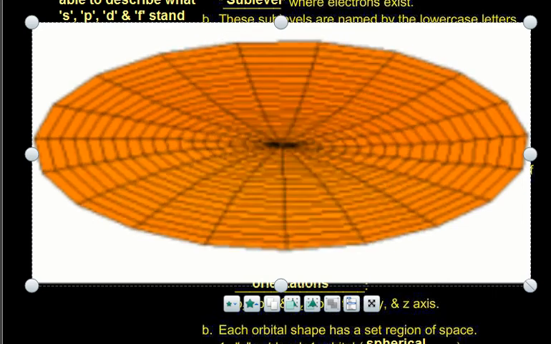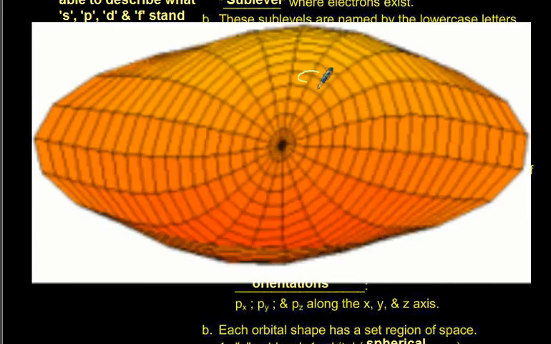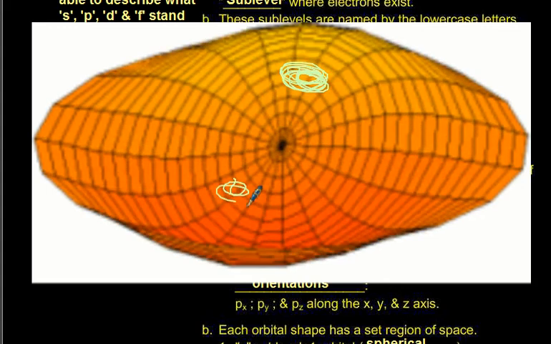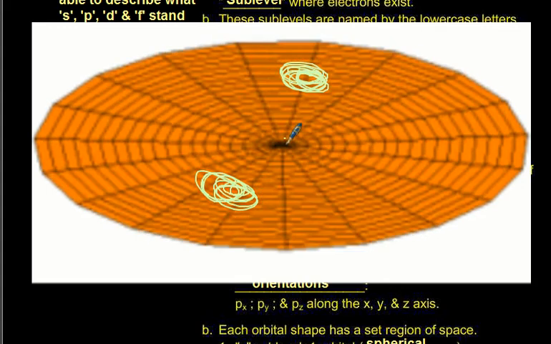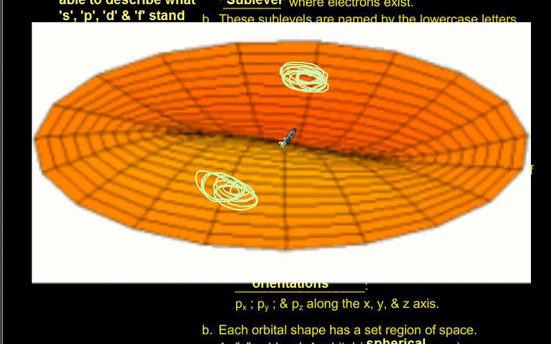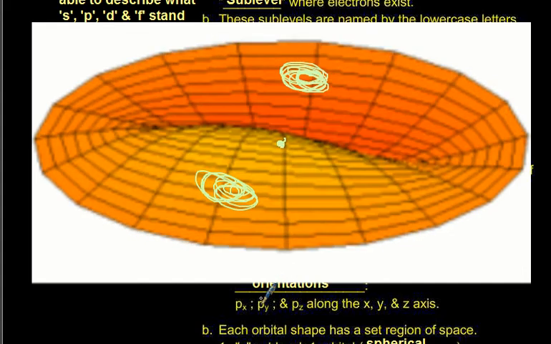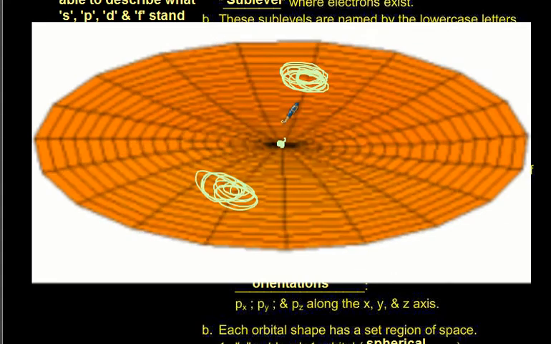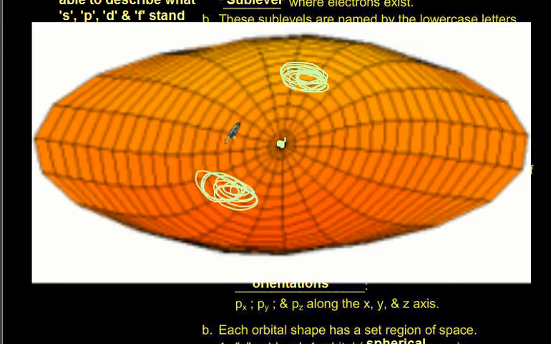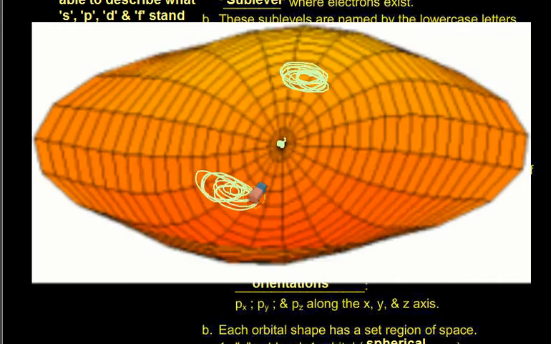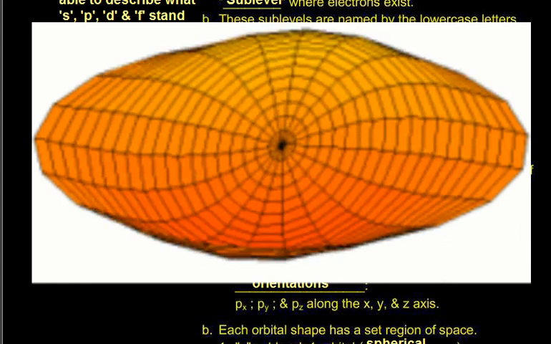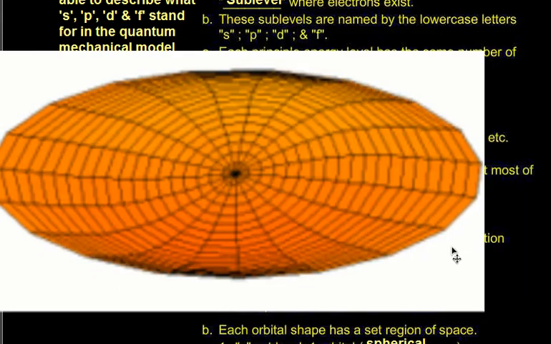You have a region over here, and another rotating region over here, and then a spot right here in the middle that doesn't move, and that's called a node. There's really no space there for the region. It just sort of rotates around it.